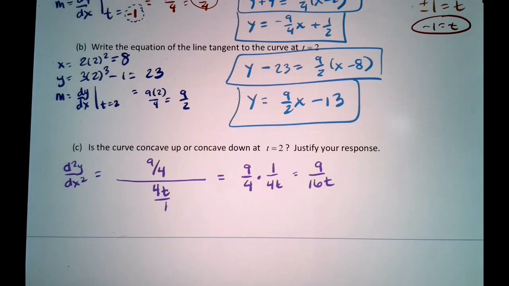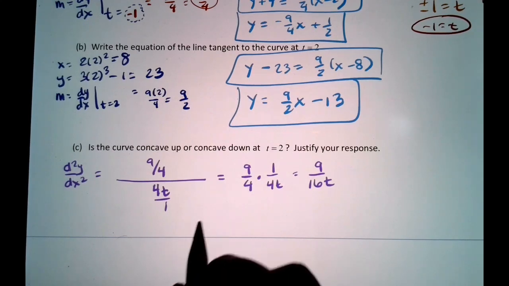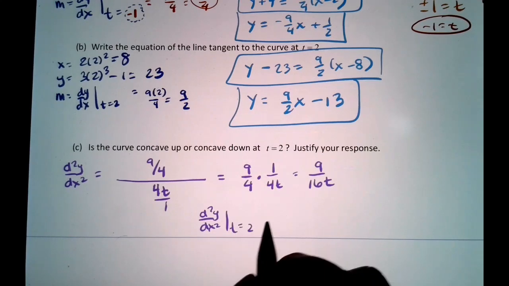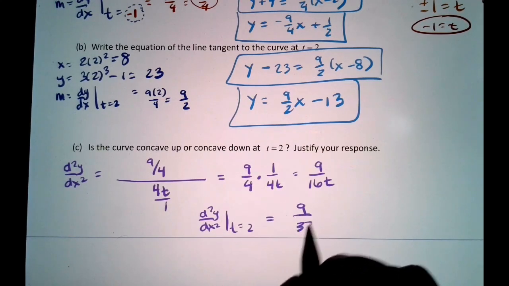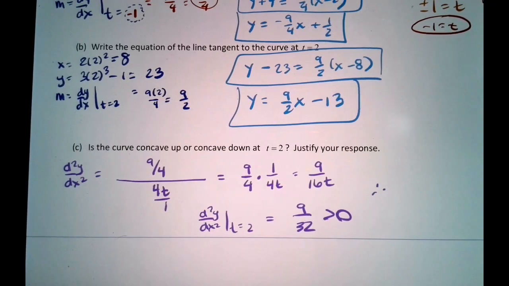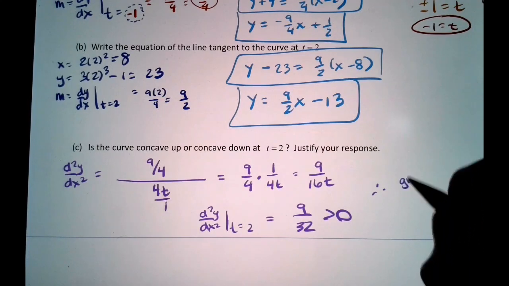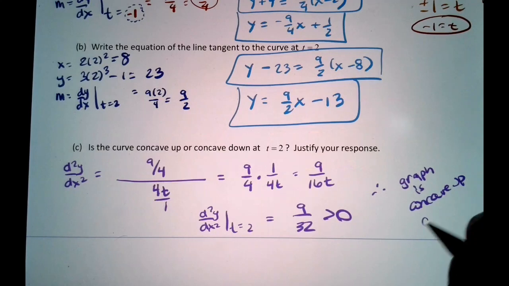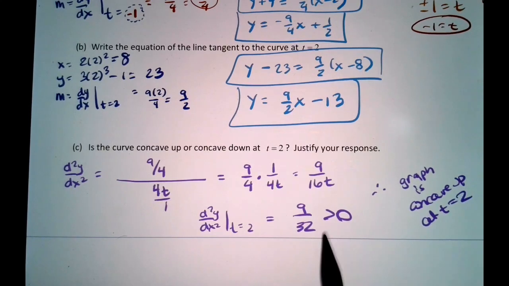Now, they're asking me about concave up or concave down, and they specifically said at t equals 2, so let's evaluate the second derivative at t equals 2, and I end up with 9 over 32, which is positive. So I'm going to say, therefore, that's what those three dots mean, the graph is concave up at t equals 2. I already justified it because the second derivative is positive. So I've got that justification already down.